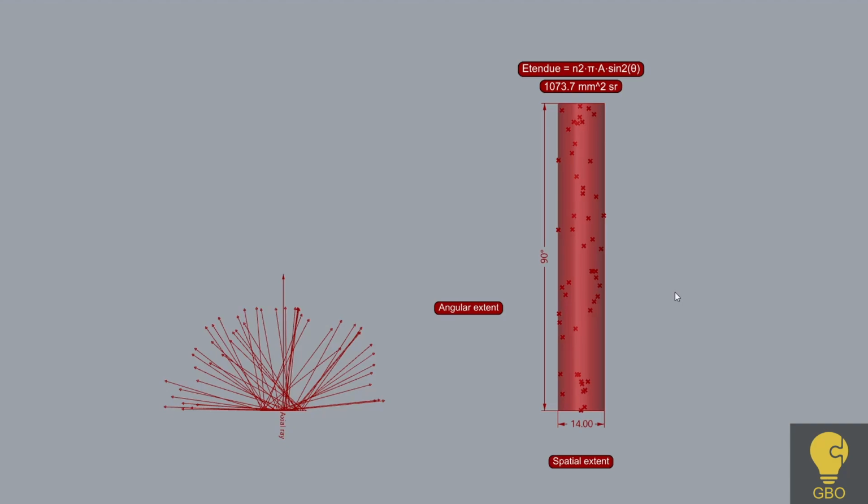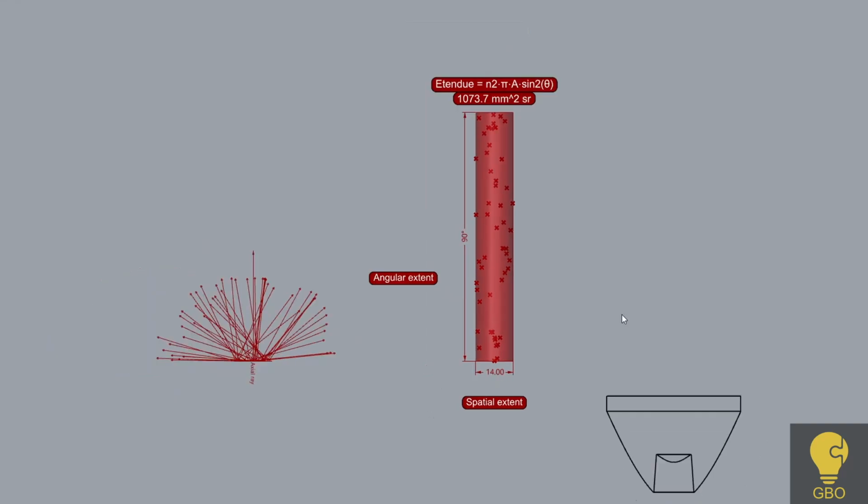So, what happens when this light passes through a lens, a refractor? Let's take the same 50 mm lens from our earlier simulation and squeeze the source's light into it. The output distribution comes out looking quite different.